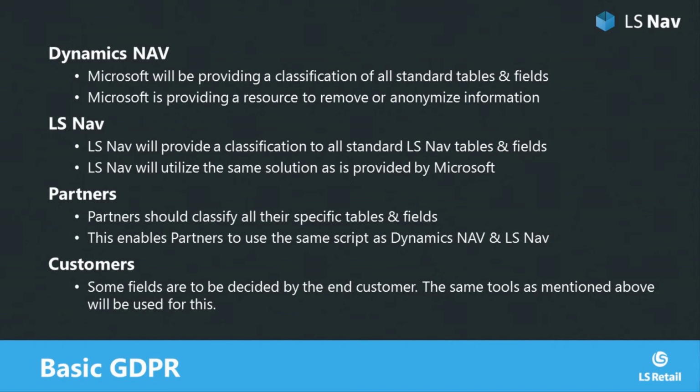With the correct classification employed, the Rapid Start configuration package should work for all tables and fields provided by the partner. Microsoft will in later releases also be adding functionality for the customer to change privacy classification on fields within the NAV solution without having to change anything in the design mode of NAV. That will enable the same tools as mentioned above to be used in those fields.